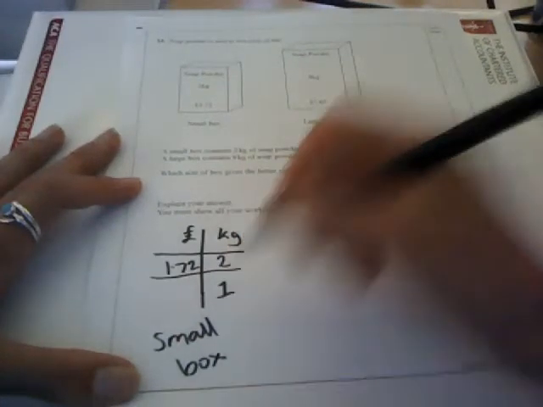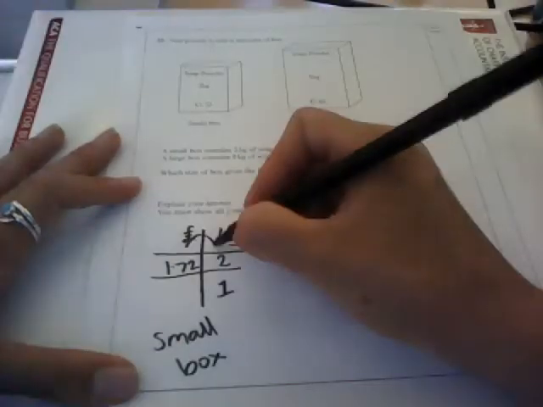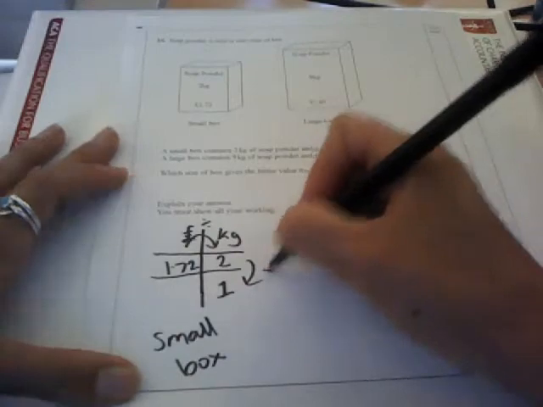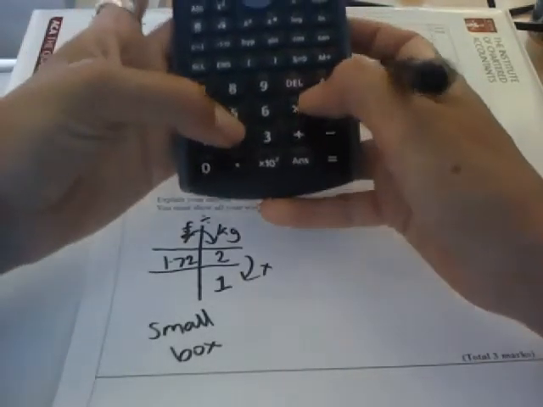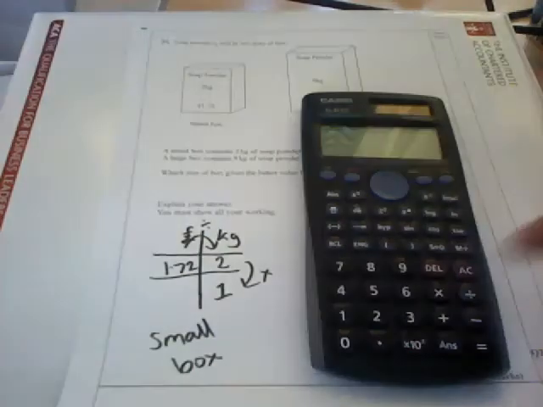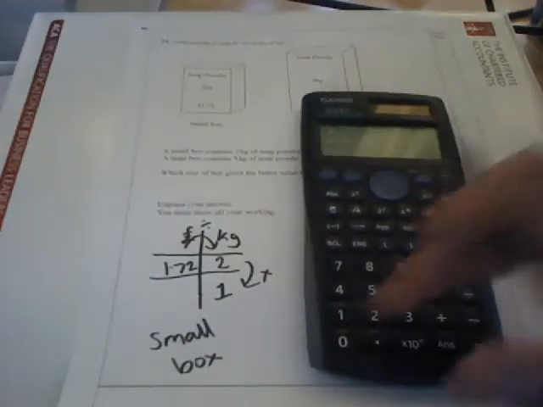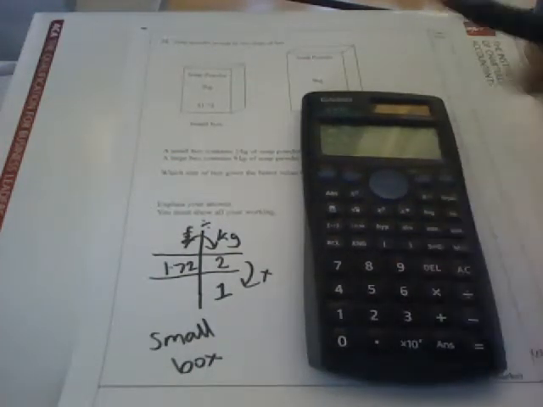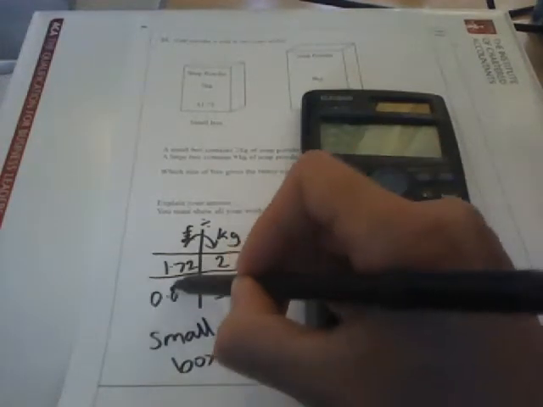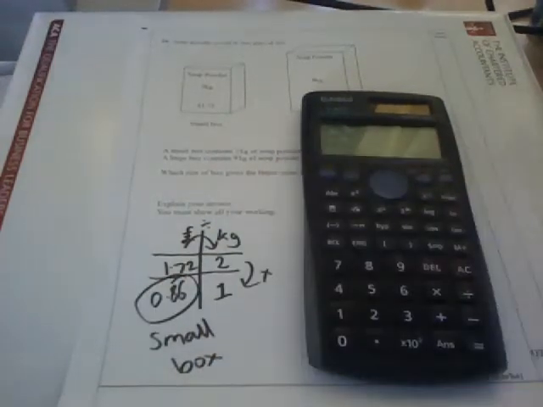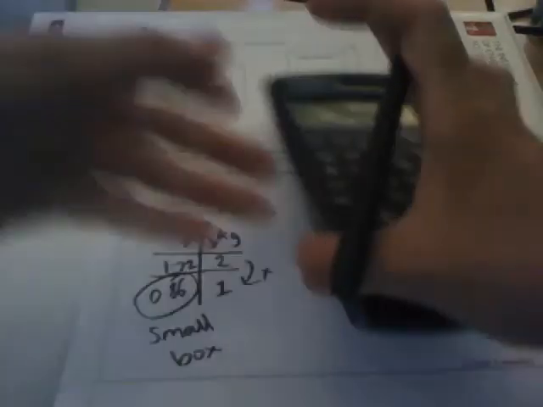So I'm going to say 1 kilogram, how much is that? Divide and then times. So in my calculator, 1.72 divided by 2 times 1 equals 0.86. So this is telling me that it costs 86 pence per kilogram for the small box.